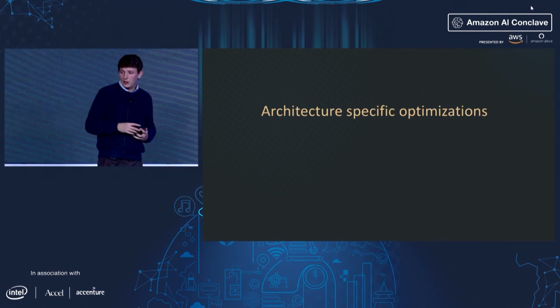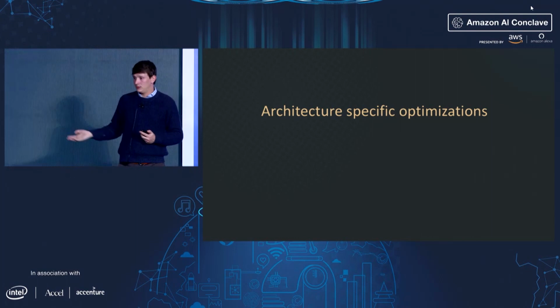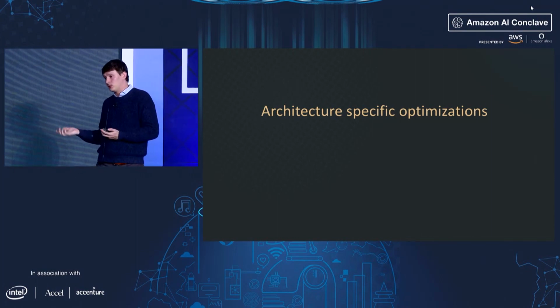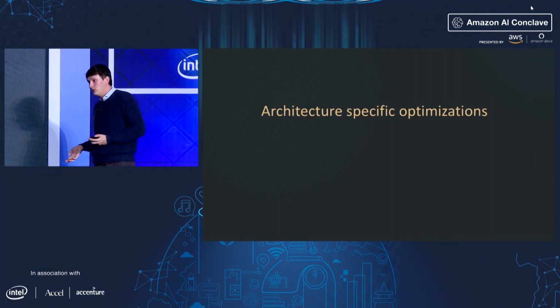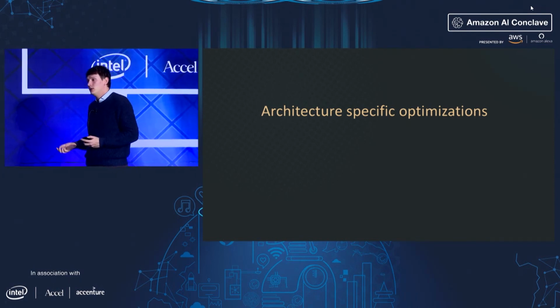SageMaker RL is implemented on top of TensorFlow and MXNet. MXNet supports reinforcement learning, and we have example implementations in the repo, like DQN, and I think PPO as well.